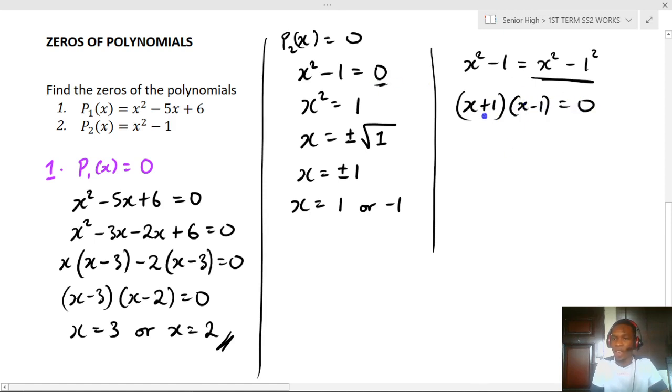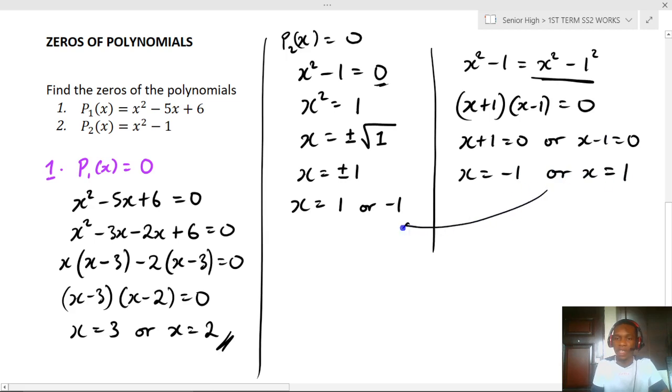So therefore, I can then solve this by separating them. So here will be x plus 1 is equal to 0, or x minus 1 is equal to 0. Then my x is equal to minus 1, or x is equal to, when minus 1 crosses over, it becomes plus 1. So we can see that we still get the same thing if we use either of the two methods.